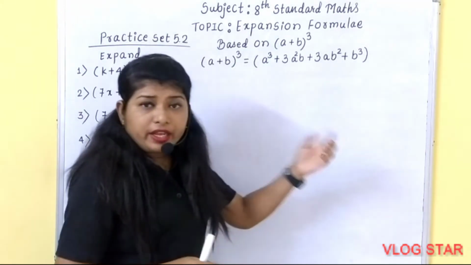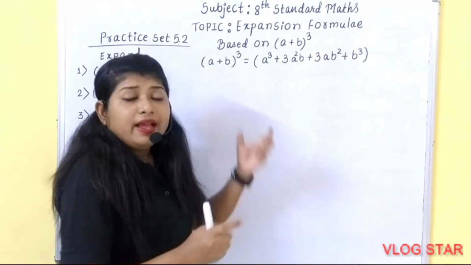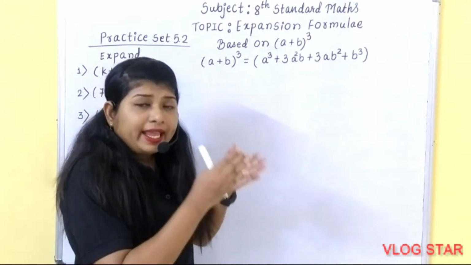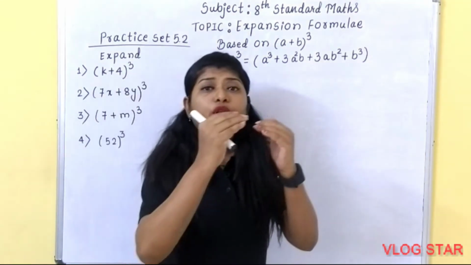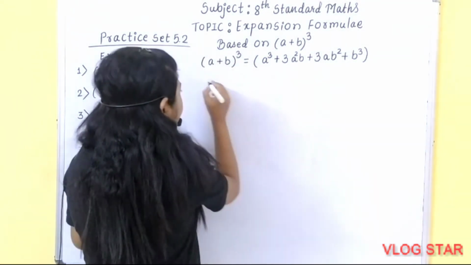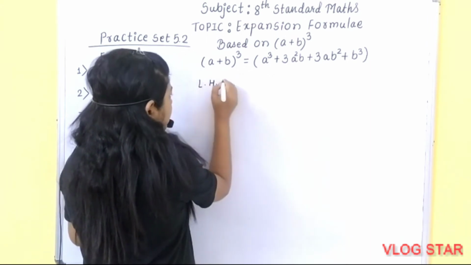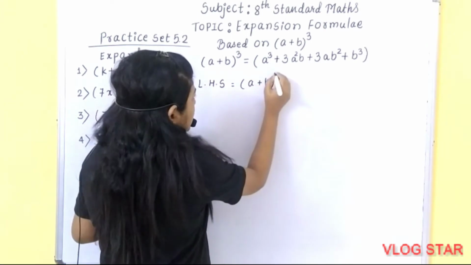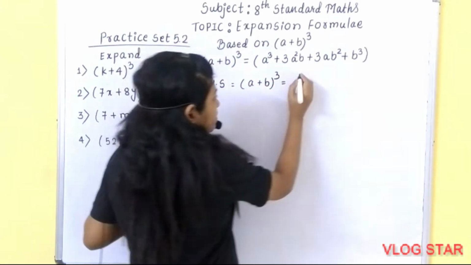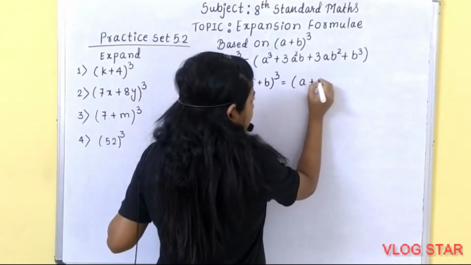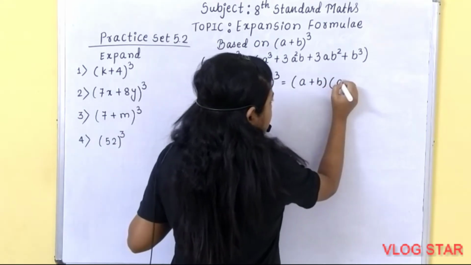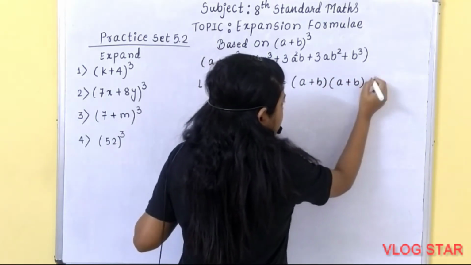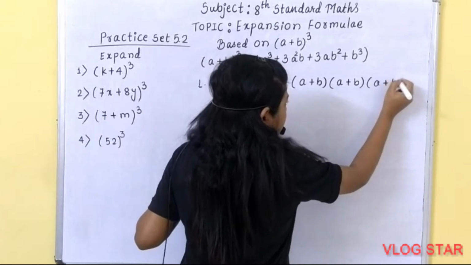Similarly, if you observe carefully, the left hand side is (a plus b) whole cube. So how are you going to represent it? To derive this equation, we consider (a plus b) whole cube is equal to (a plus b) into (a plus b) into (a plus b).